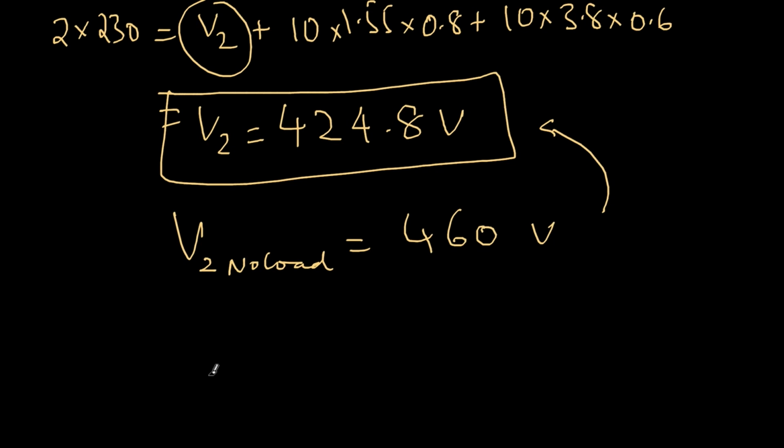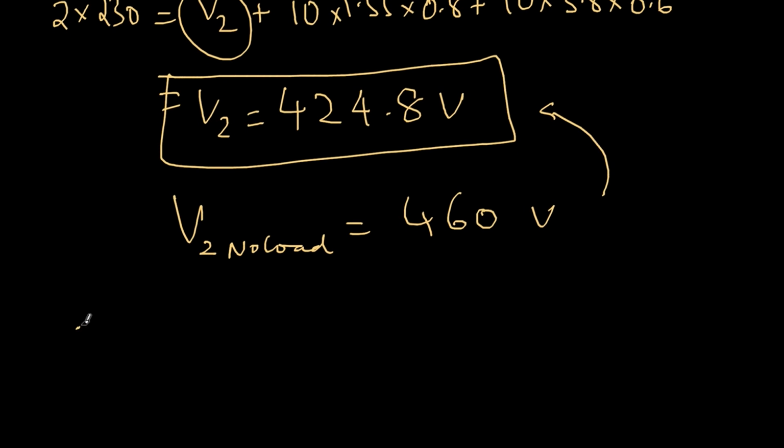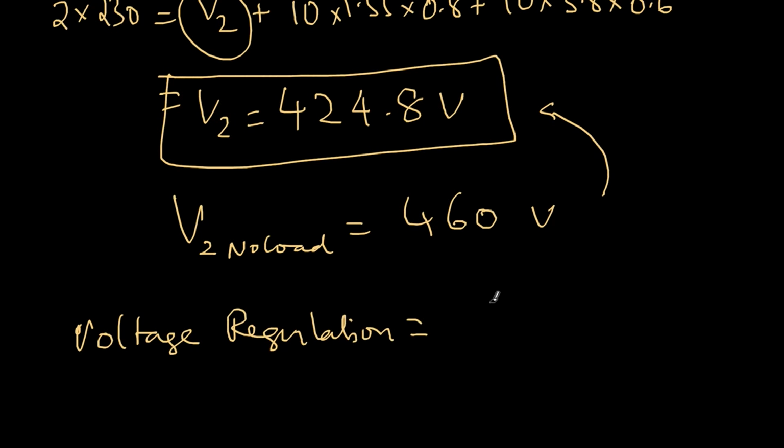So now I'll introduce a new formula, that is voltage regulation. Voltage regulation is nothing but the voltage under no load condition minus the voltage under full load condition, or whatever loaded condition, divided by the voltage under no load condition.